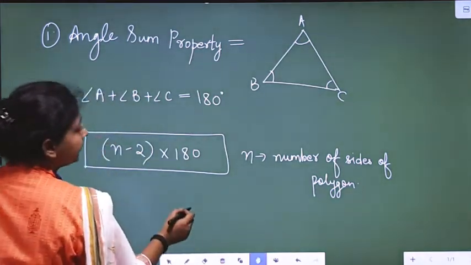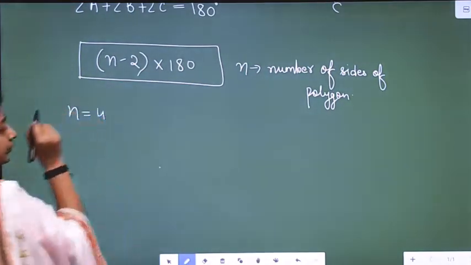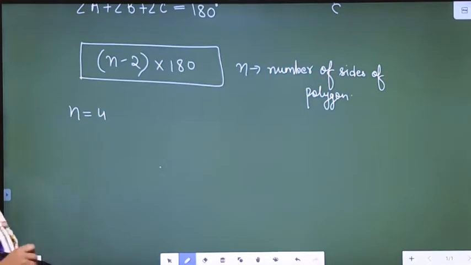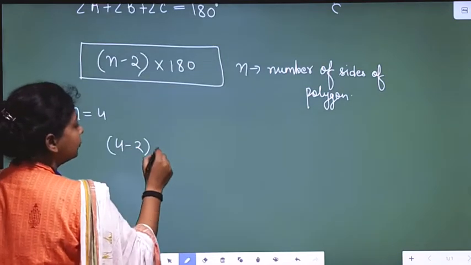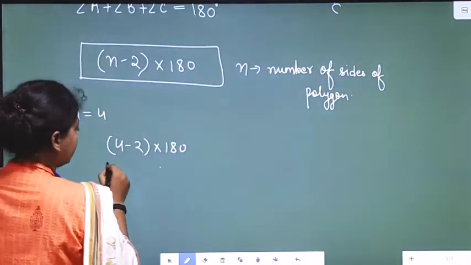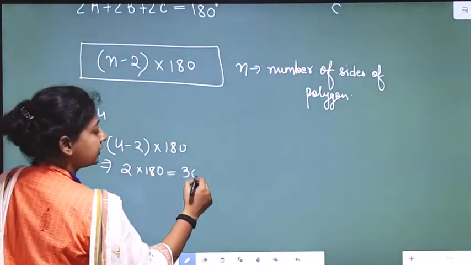Let's see, for example, for a quadrilateral, n equals 4. A quadrilateral has 4 sides. When we substitute 4 here, we have 4 minus 2 into 180. This gives us 2 into 180, which equals 360.